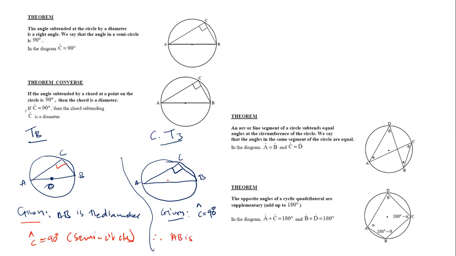Why? Because AB subtends 90 degrees. Right now it's a chord, not a diameter, because it doesn't pass through the center. If the angle subtended by a chord at a point on the circle is 90 degrees, like here, then this chord is now called the diameter. Simple as that. Do you get it now?